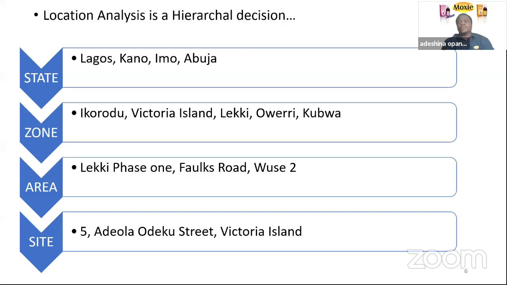If you want to run a high street pharmacy, and when I say high street now, I mean you want to be on Allen Avenue, you want to be in Victoria Island, it may not make sense to go and work in a pharmacy opposite General Hospital, Surulere, and that's where you have all your experience. Because the skill sets required for different types of pharmacy formats differ. And I'll come to pharmacy formats in a few slides from now.